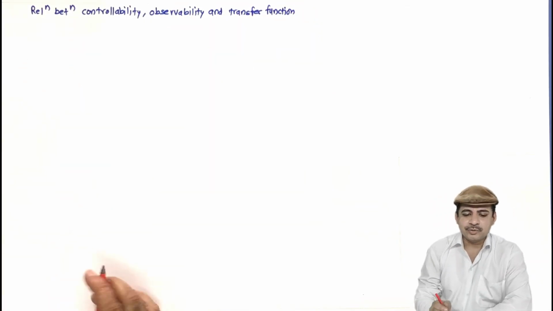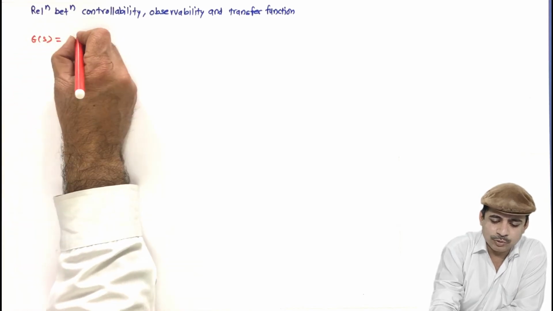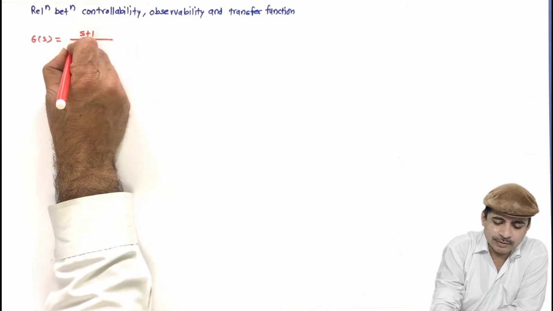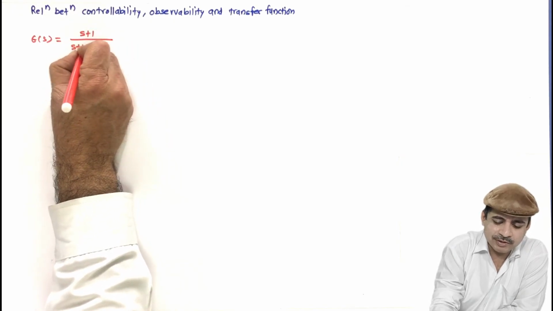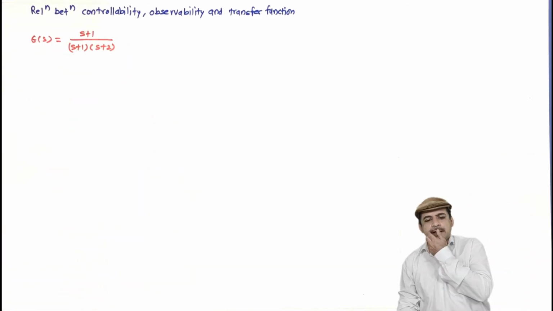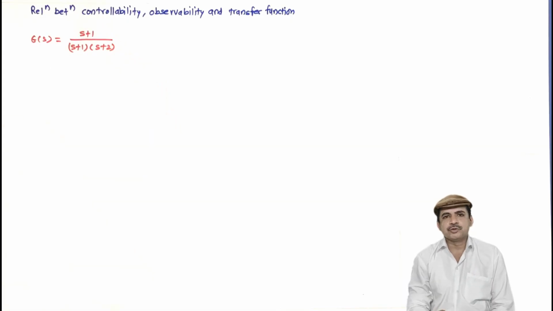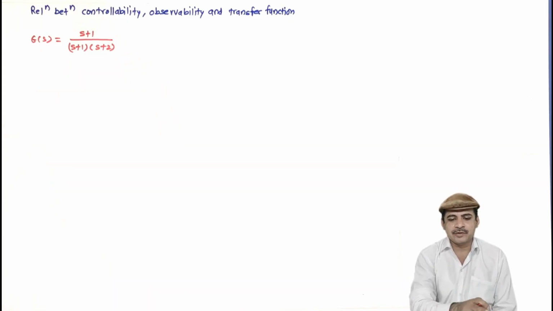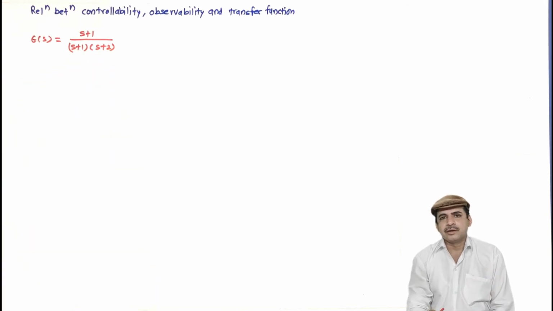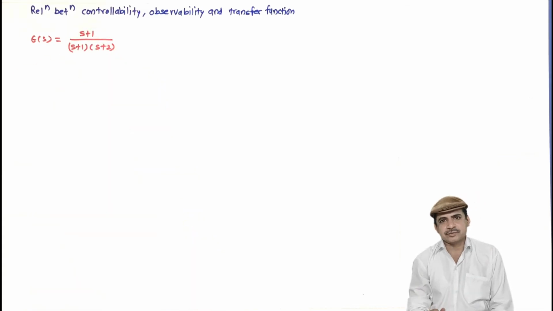So let you have a transfer function G of s equal to, say for example, (s plus 1) upon (s plus 1) into (s plus 2). Without any calculation, here pole zero cancellation appears. So if you find the state model, it will have two states because the order becomes 2. But you have done it without pole zero cancellation.